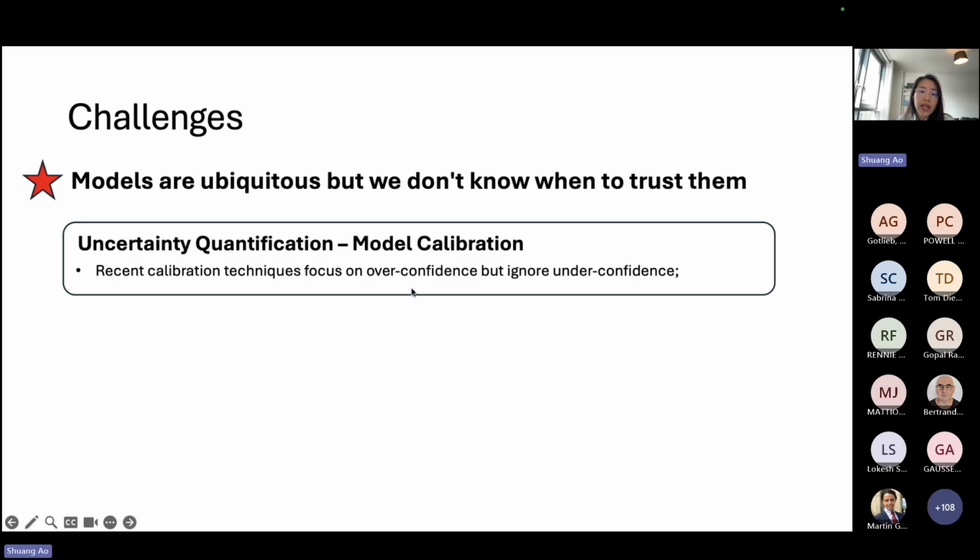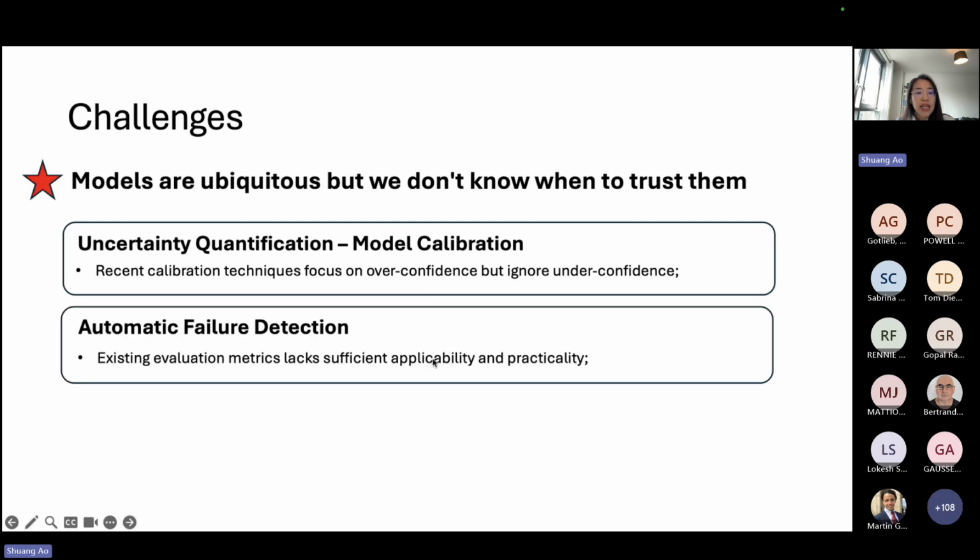For my work, the challenge for model calibration is that recent techniques focus only on the overconfidence level, but ignore the underconfidence level. For automatic failure detection, the existing evaluation metrics don't have sufficient applicability.